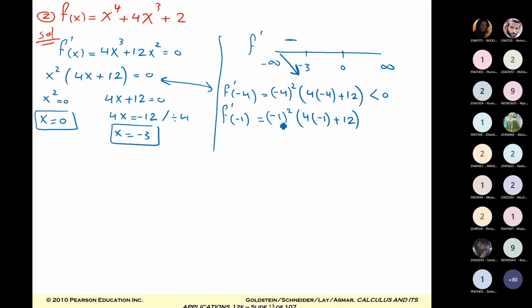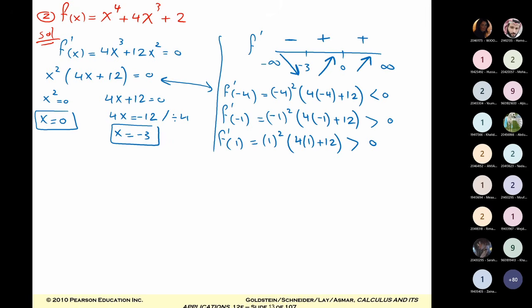This is positive multiply positive, so we have positive, direction up. For f prime, we can choose 1: 1 squared and 4 multiply 1 plus 12, also positive multiply positive, positive.